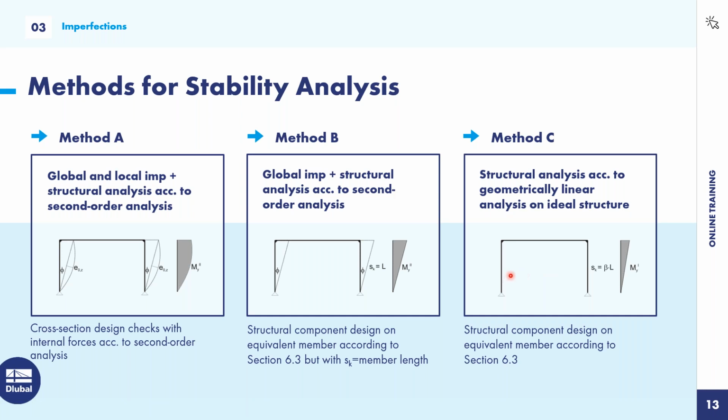with the help of some tables and some books, or we can also consider this with the help of our add-on Structural Stability. And the combination of method C and method A is method B. Here we consider these misalignments with the application of global imperfections and calculate the structure according to second order analysis.